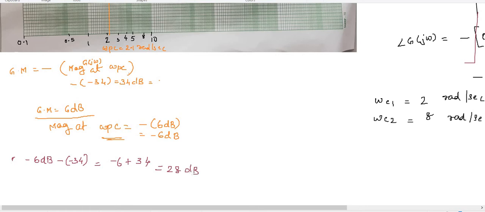We have to add 28 dB to the gain plot or magnitude plot.